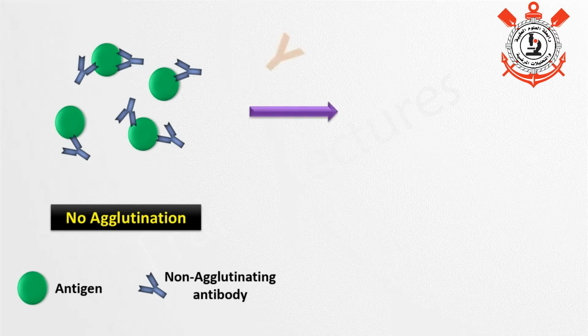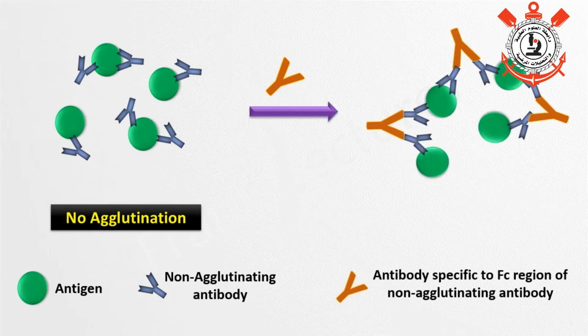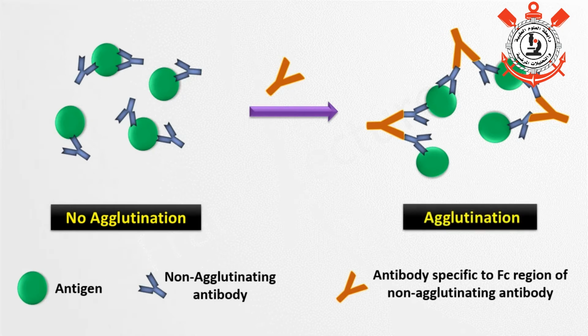Now we add a second antibody which has binding site for the Fc region of non-agglutinating antibodies. These second antibodies will bind to the non-agglutinating antibodies and bridge the gap between them. As a result, agglutination will result, which will confirm the presence of non-agglutinating antibodies.